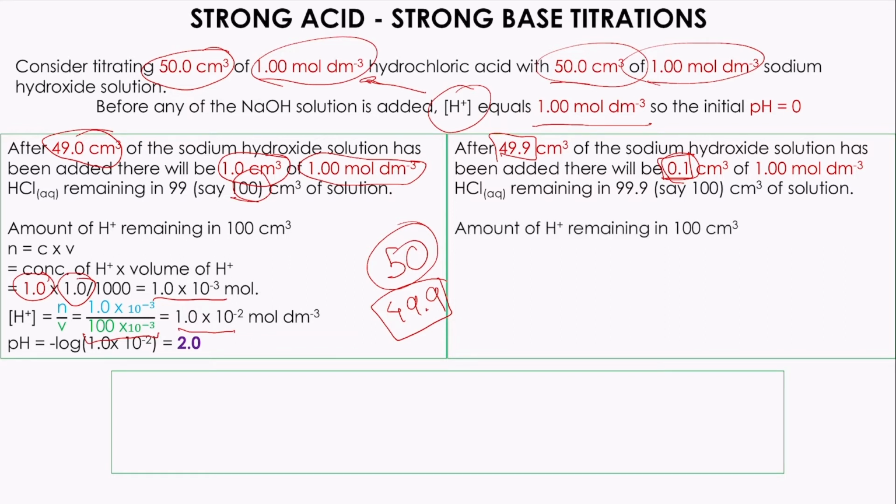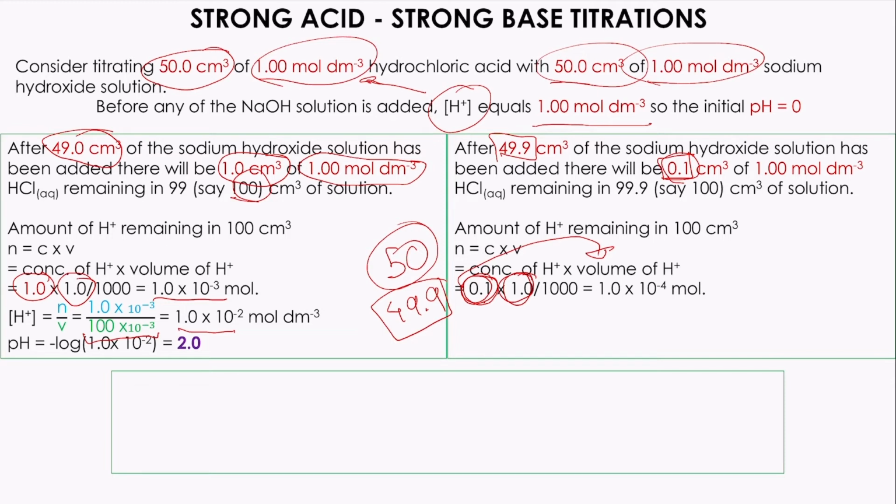Okay, again, calculate the number of moles of hydrogen remaining in the solution, and after that we can calculate the concentration. So N is equal to CV, concentration of hydrogen by the volume of hydrogen. Concentration of hydrogen is 1, but the volume is 0.1.